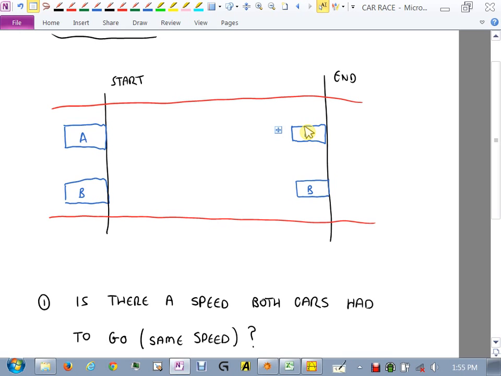So, because they tied, by the mean value theorem, they should both have achieved their average speed. Somewhere in their trip, they had to go their average speed. Do you agree? The average speed of both cars is the same. So at some point, they both had to be going their average speed, yes?